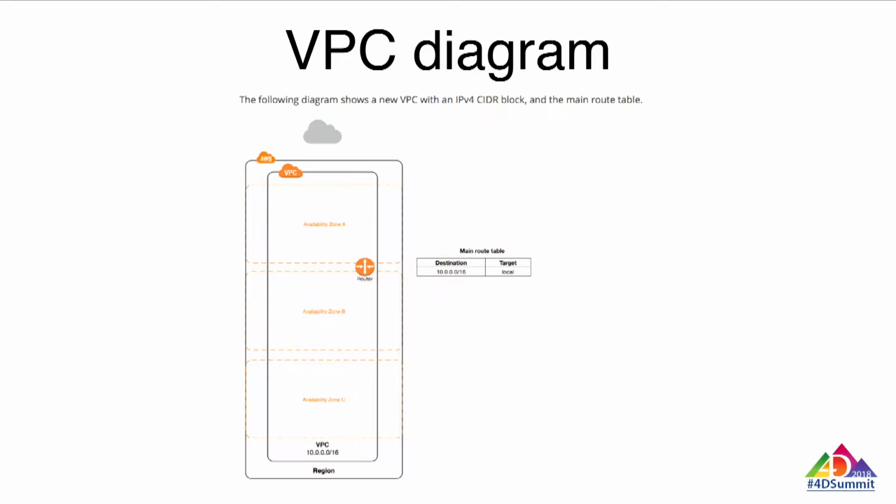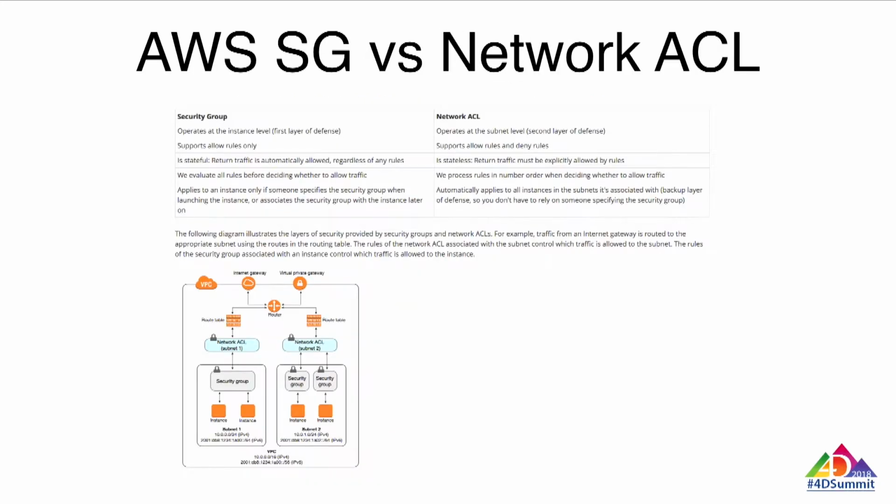Or if it's a web application, you can open it up and have it on the public network, because you will need to interact with the users outside over your network. So that's all planning the VPC and access control lists.